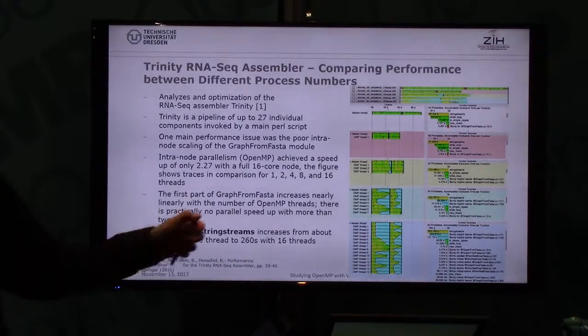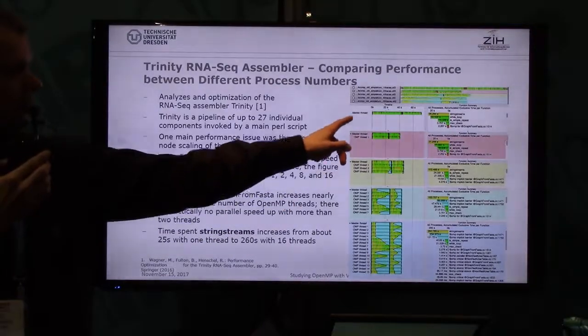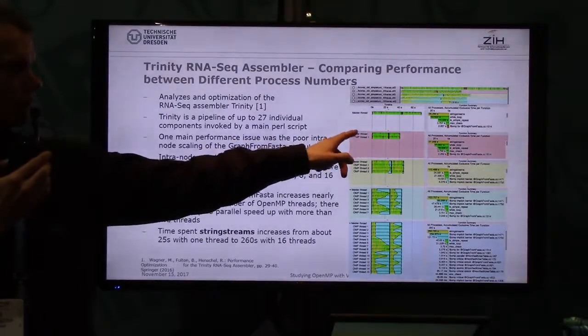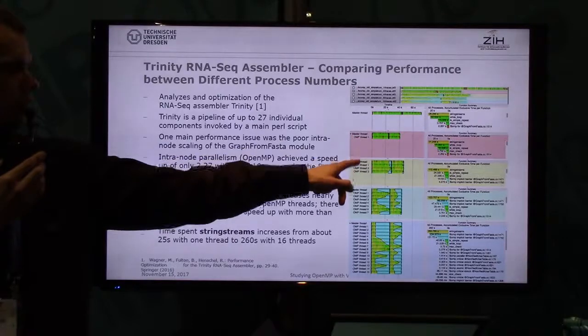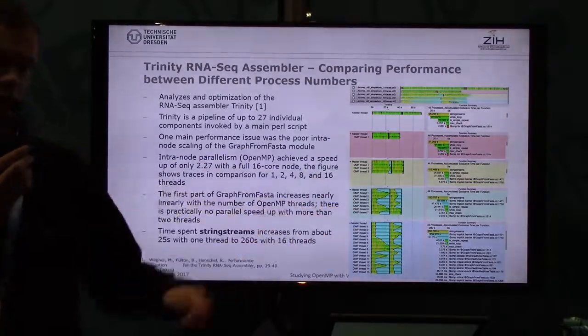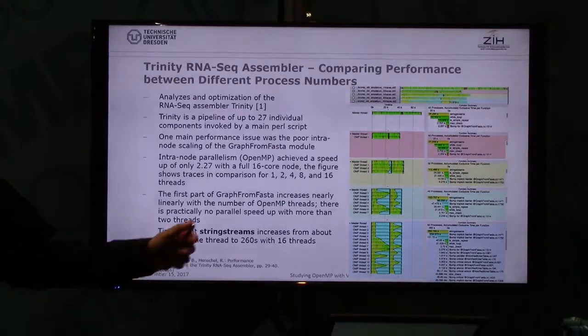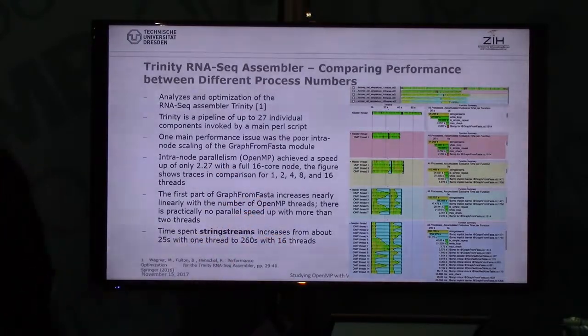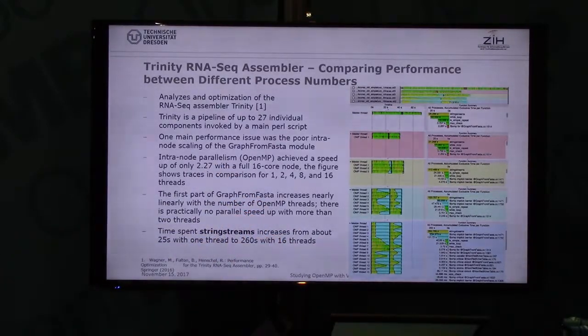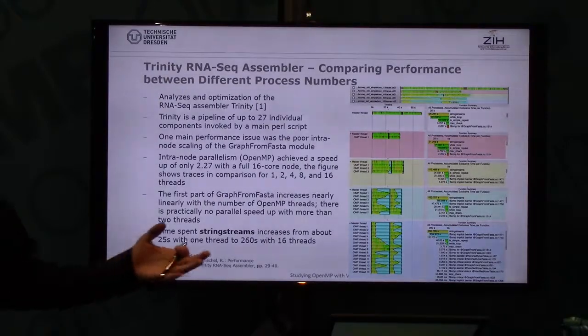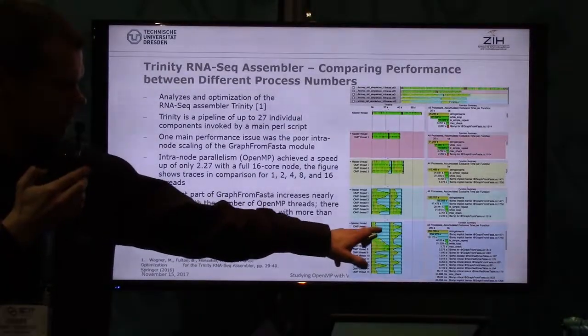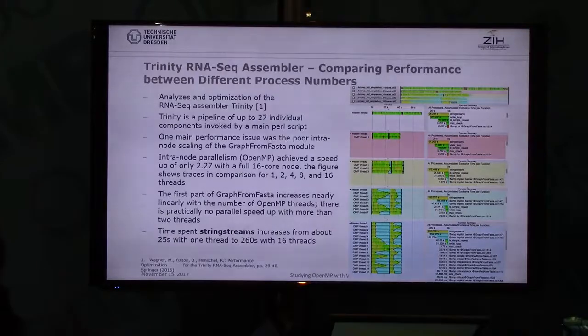So they did experiments without OpenMP, so the sequential version, with 2 OpenMP threads, 4, 8, and 16 OpenMP threads. And as you can see, as you increase the number of OpenMP threads, your waiting time increases. So also here marked in these blue colors. So it's really visible here that this application does not scale well.